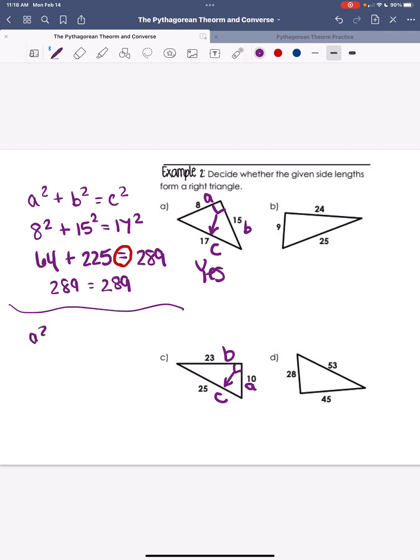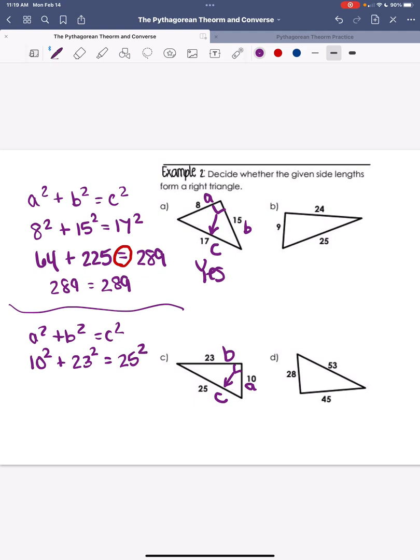So we're going to plug them into our formula. It's important we write our formula first. A, we're saying, is 10, so we're writing 10 squared. B is 23, so it's 23 squared. And C is 25, so I'm going to write 25 squared.